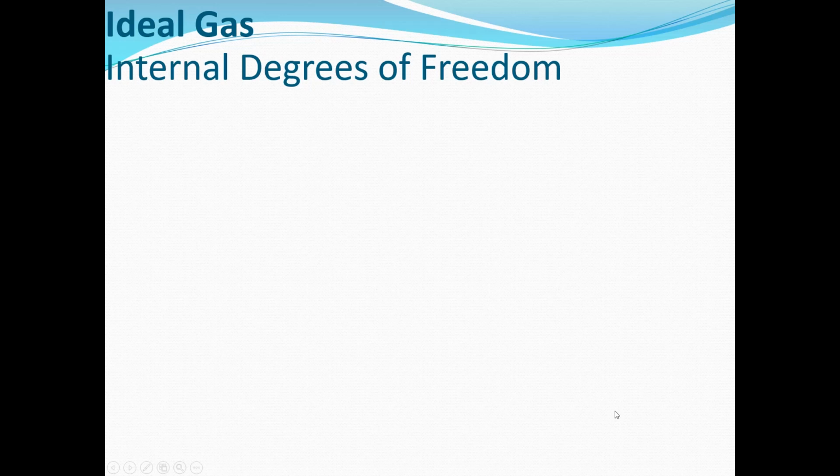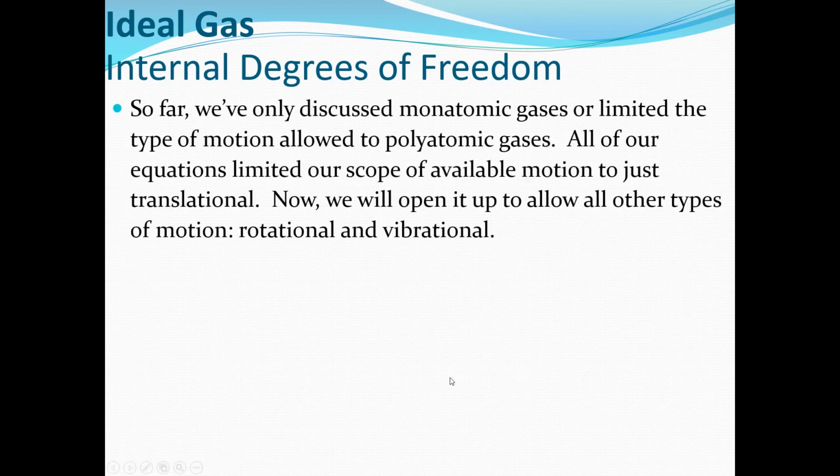All right. So continuing on, we're going to talk a little bit about internal degrees of freedom. So far, I said before that we're only really focusing on what we call monatomic gases. And by doing this, the monatomic gases are limited to only 3 types of translational energies, 3 degrees of freedom, if you will.